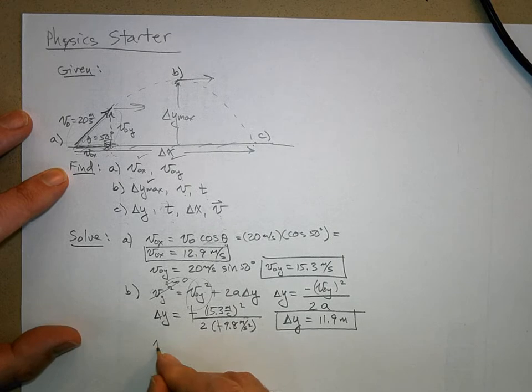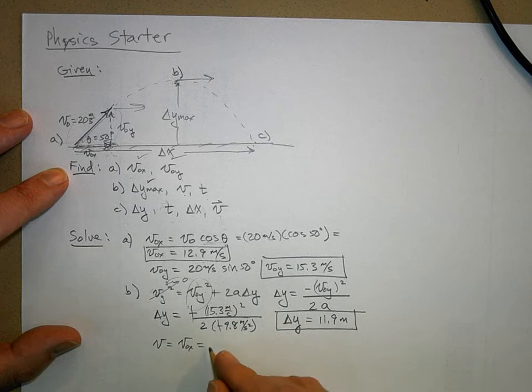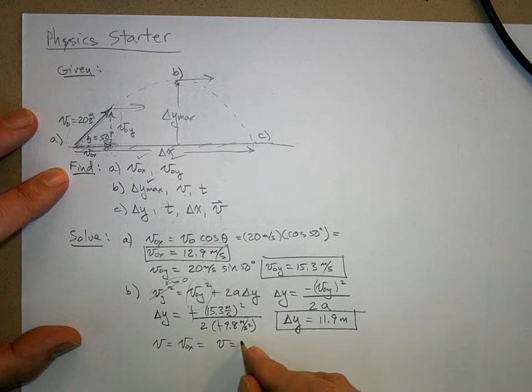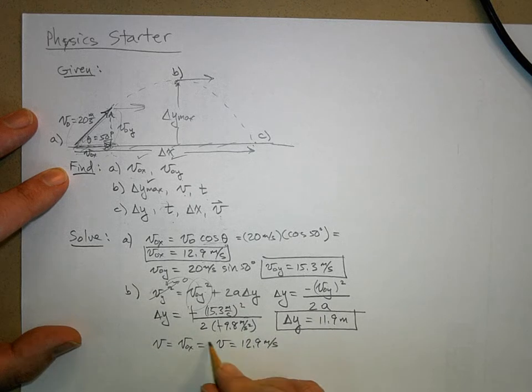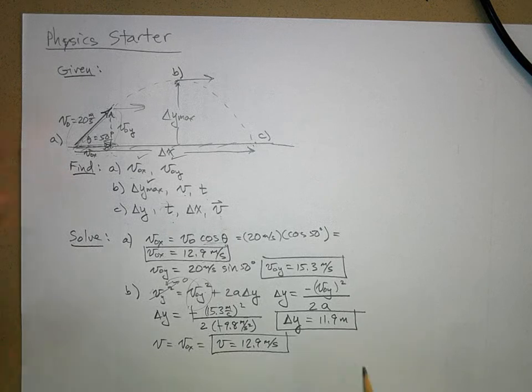So I can just say the velocity is equal to the velocity in the x direction, which is 12.9 meters per second. So I don't really need to do any computation. I just need to understand the physics.